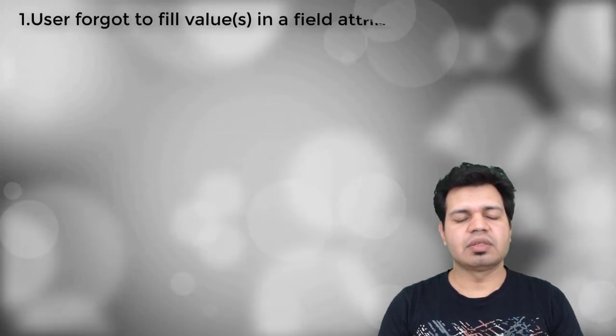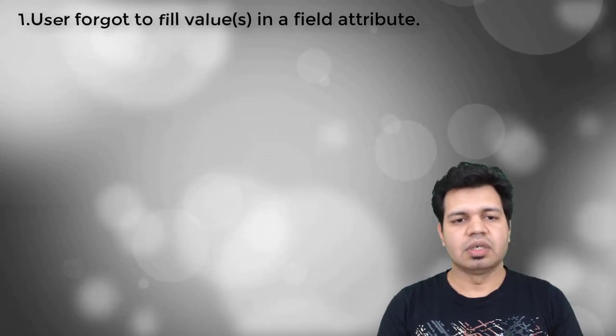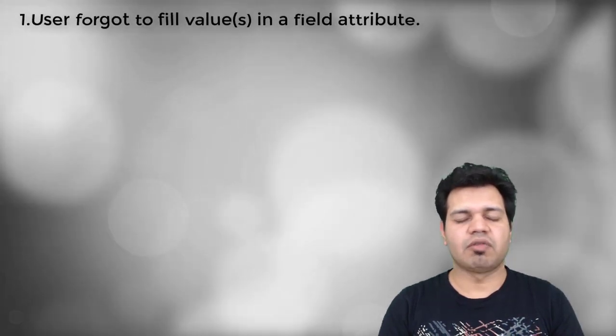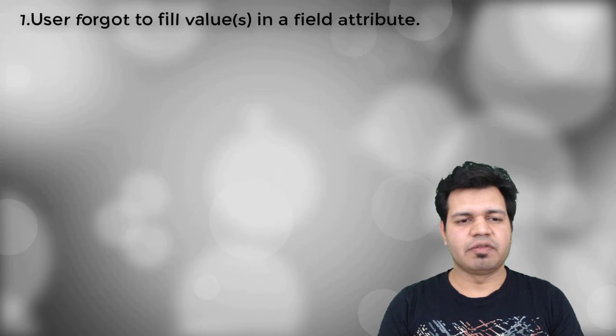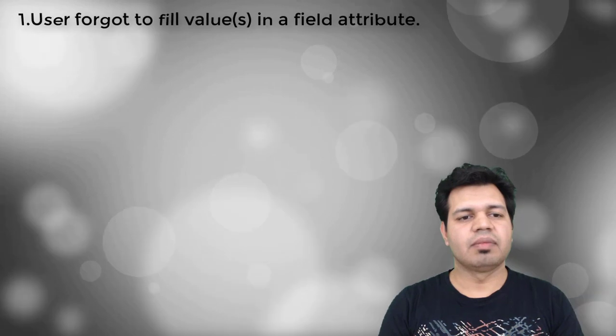Before we dive into the code, it's important to understand the sources of missing data. I'm going to give you some typical reasons why data gets missed from a data set. The number one reason is if a user forgets to fill in certain column values. Let us say there is a relational database system where the user is entering the values manually, and if he forgets to enter the value for a specific column, then it will result in a missing value.